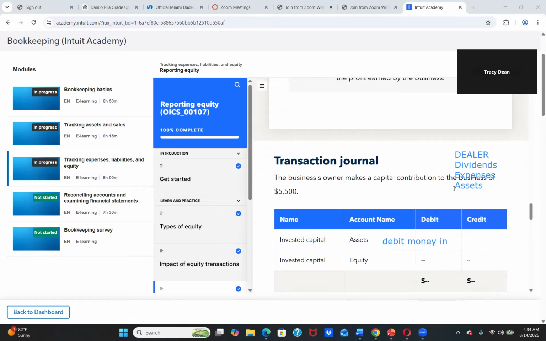So what the capital contribution does, it increases our equity. So in the last section of the DEALER, LER, liabilities, equity, I hope I remember it right.